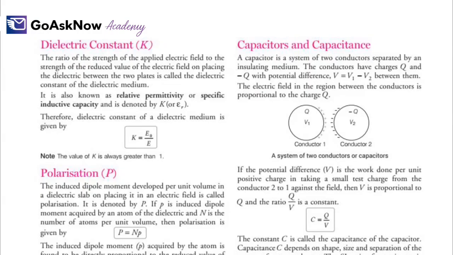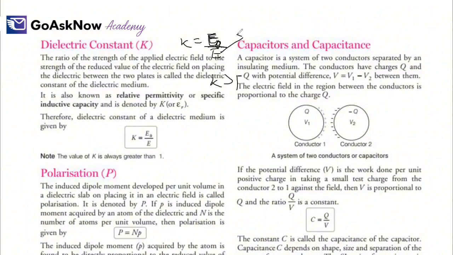It is also known as relative permittivity or specific inductive capacity and is denoted by K or epsilon R. So K is what? E naught by E. Because E naught is greater than E, the dielectric constant K must be greater than 1. This is nothing but a term which defines the ratio of E naught by E.